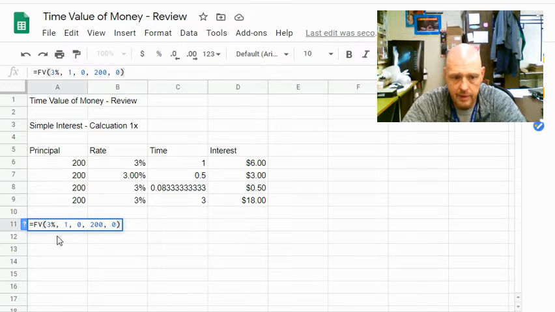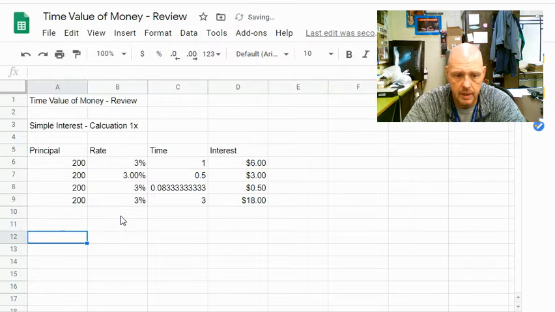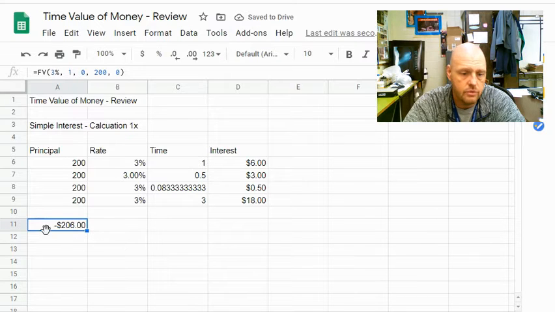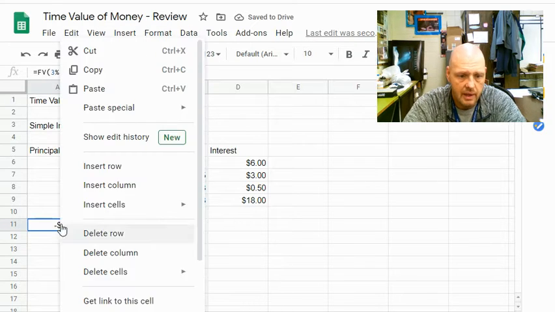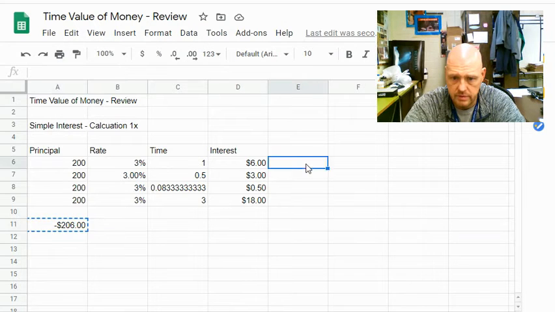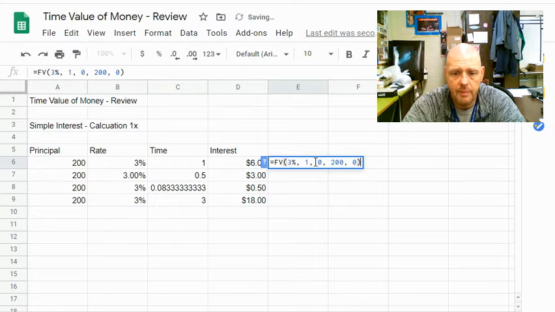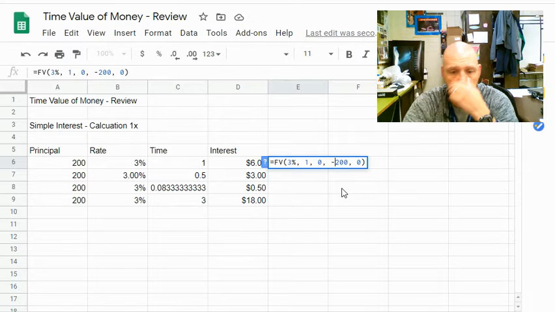So I'm trying to match up with my first problem here, $200 at 3% interest for 1 year. Writing it the future value way, it is 3%, comma, that's my rate, calculated one time, 0, $200 for my principal, and I should come up with a total of 206. Now it went with a negative 206. So when I write my formula, I can say minus 200 because I'm depositing $200 in the bank.